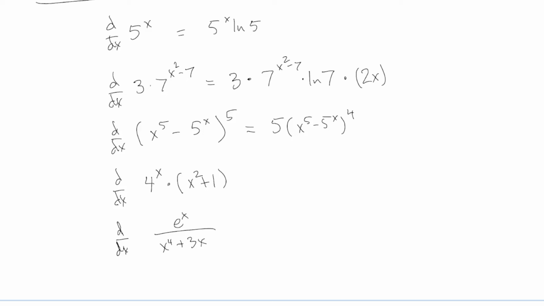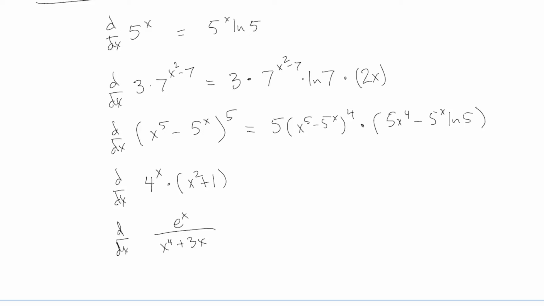Now to the 4th power, that's the derivative of the outside, and then times the derivative of the inside. The derivative of the inside, x to the 5 becomes 5x to the 4, minus 5 to the x is an exponential function, so I do the formula for a to the x. I think most people got that one. Anybody got questions about that? This is a chain rule overall.